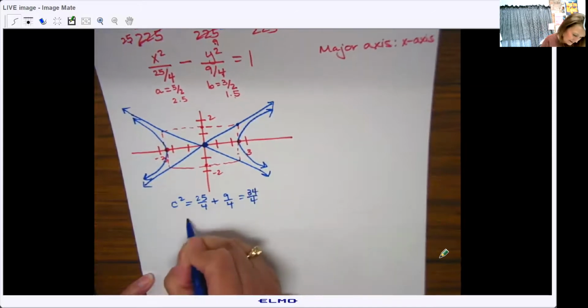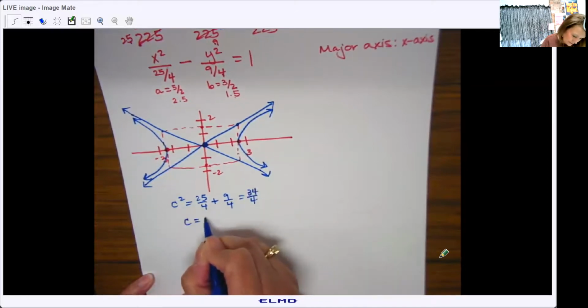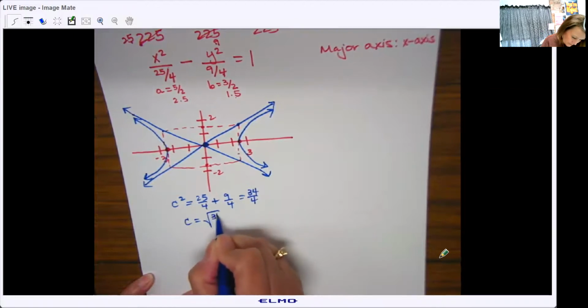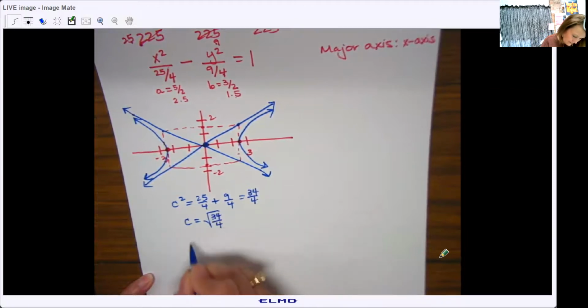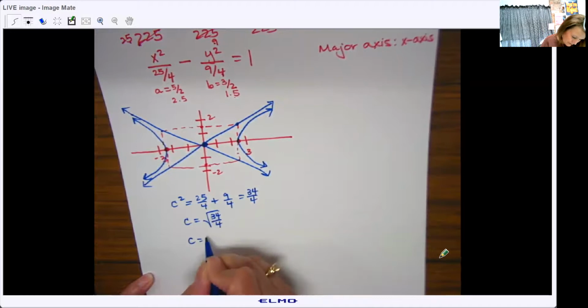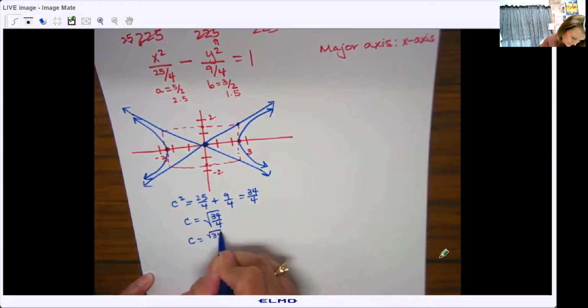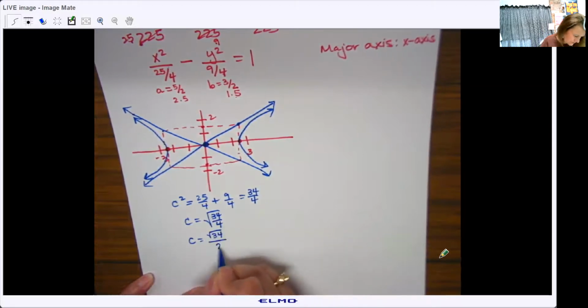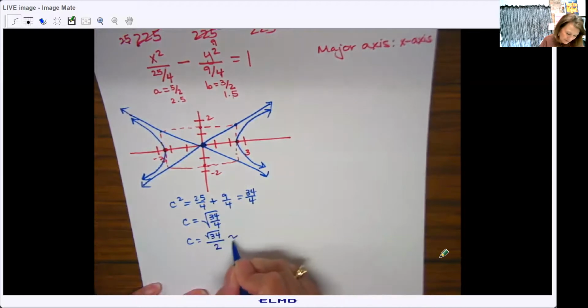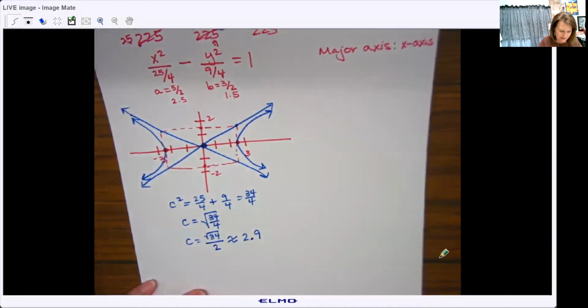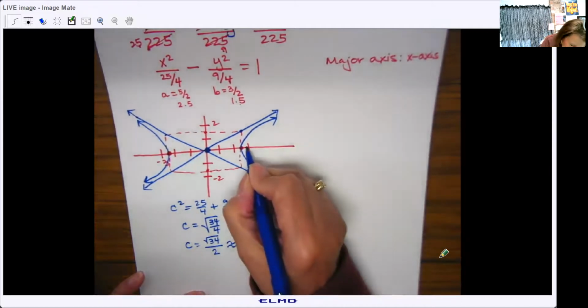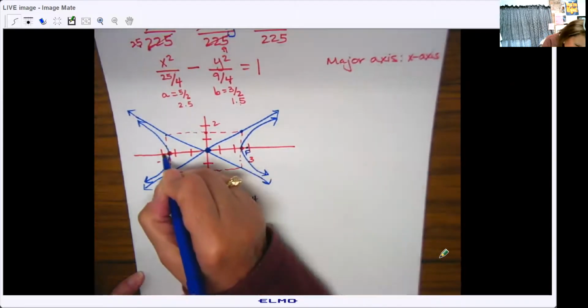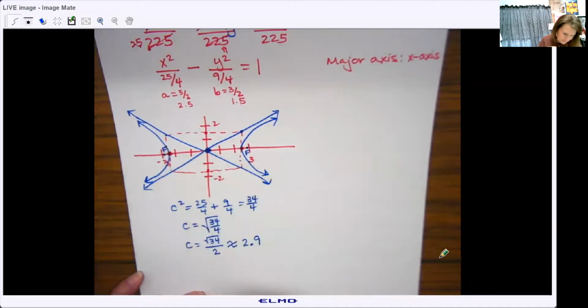So C is equal to the square root of 34/4. Well, that would be the square root of 34 over the square root of 4, which is 2. Or approximately 2.9, grab your calculator and see what it is. It's about 2.9. So your focus is right there, and your focus is right there.